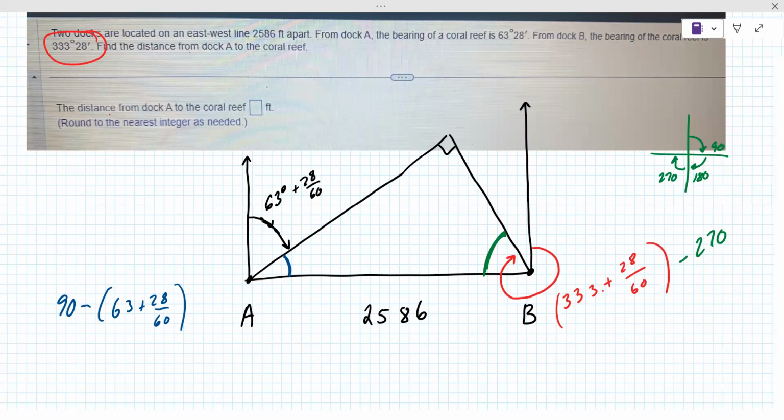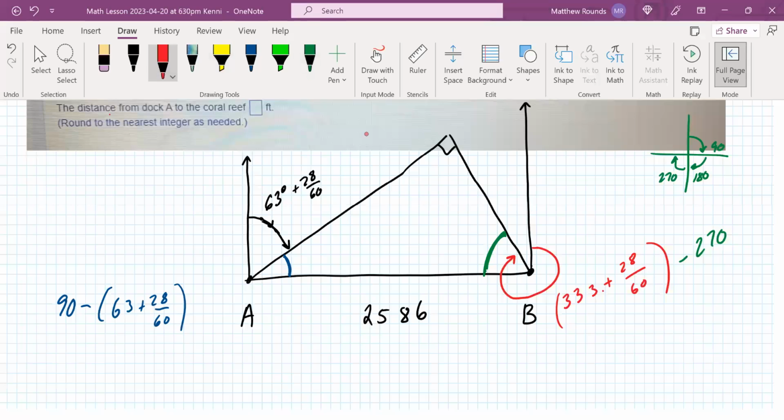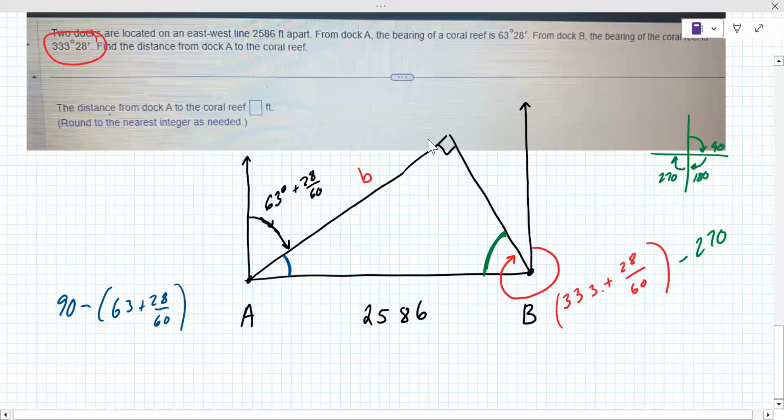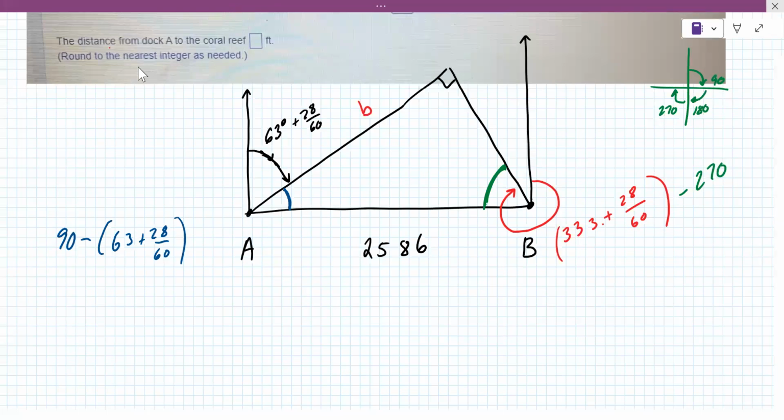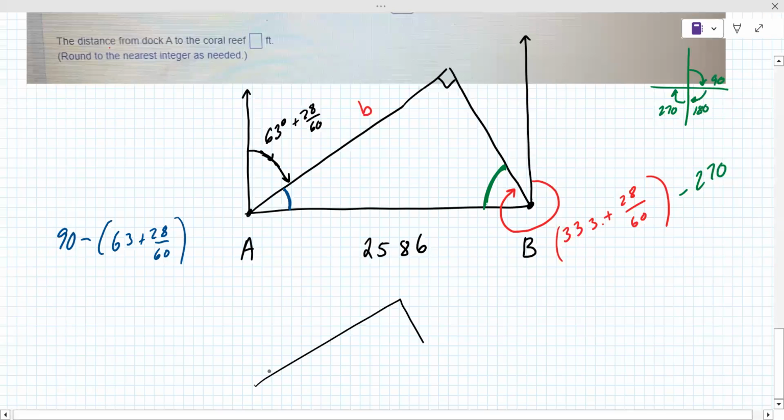So you are looking for little b in this problem. You don't need both of these; you just need one of them to use sine, cosine, or tangent. Let's use the one in blue to keep it simple. If I redraw this, let's say we have angle A there, and B, and we have this number right here.